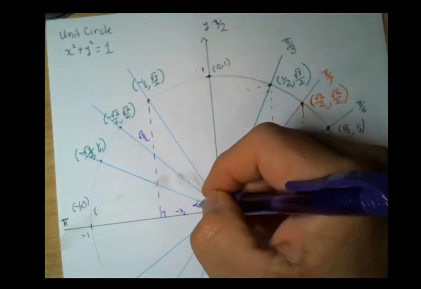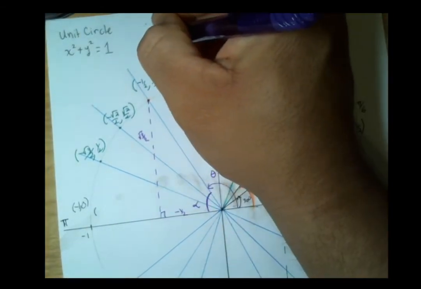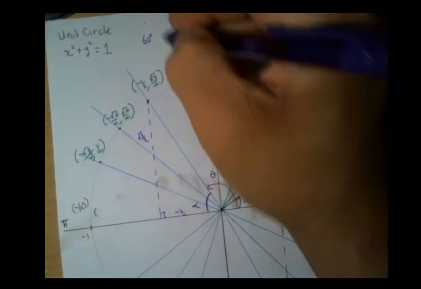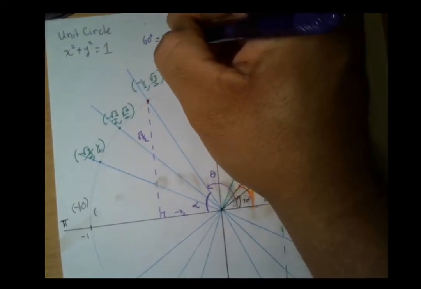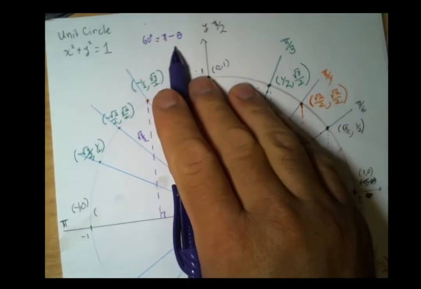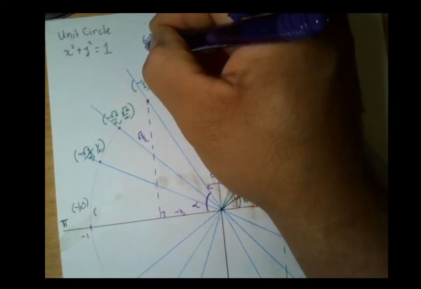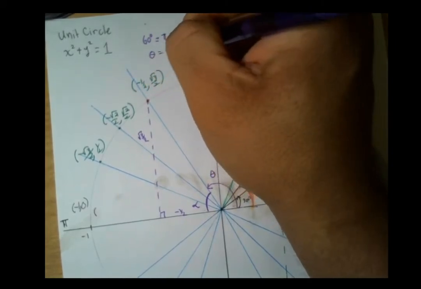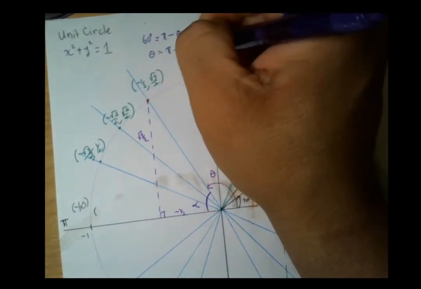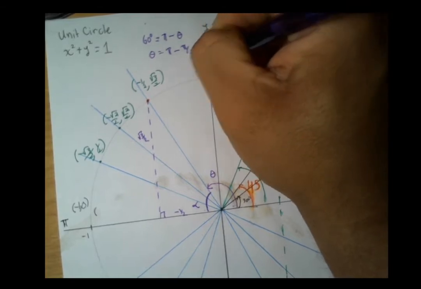here is 60 degrees. So if I know that alpha is 60 degrees, and I know that half the rotation here is pi, I can solve for theta. Theta is going to be pi minus pi/3. Adding theta and then subtracting pi/3 on both sides gives me 2 pi/3.